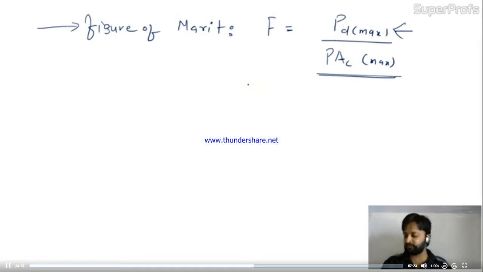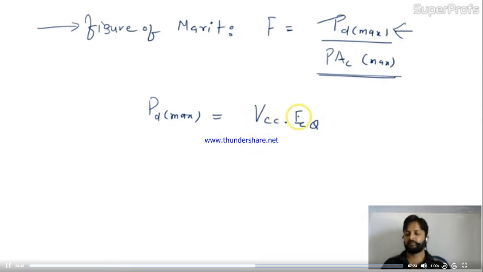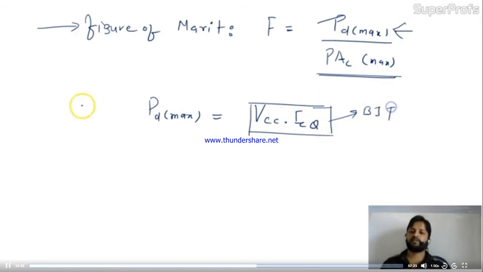So we'll see the figure of merit for this circuit. Let's find out PD first, the dissipation power. Dissipation power means the power delivered by the biasing, and it will definitely be VCC into ICQ at any point. Because this is the power delivered by the source, and the same power is dissipated by the BJT circuit, through resistor or through circuit.